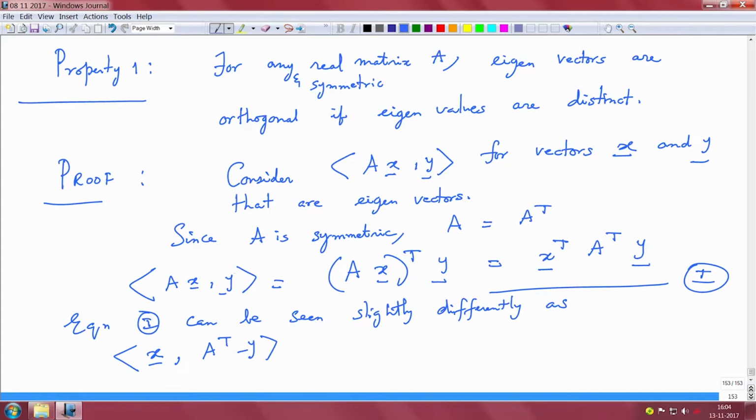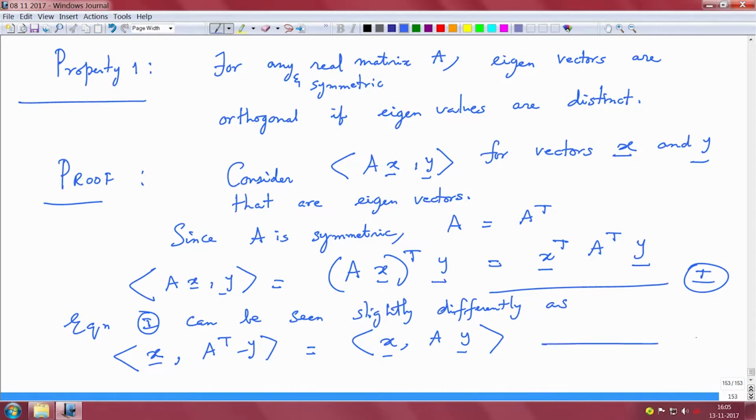We took Ax, we transposed it and we multiplied it with y and we got this, right. I can interpret it like this, x with A transpose y, but this is a symmetric matrix, A transpose equals A, so I can write it as x with Ay, right. So, Ax with y is the same as x with Ay if A is a symmetric matrix.